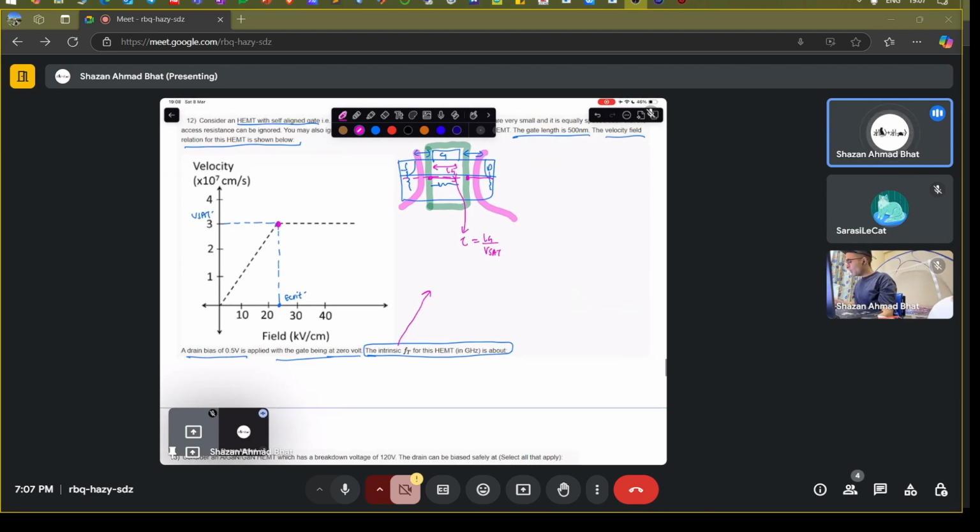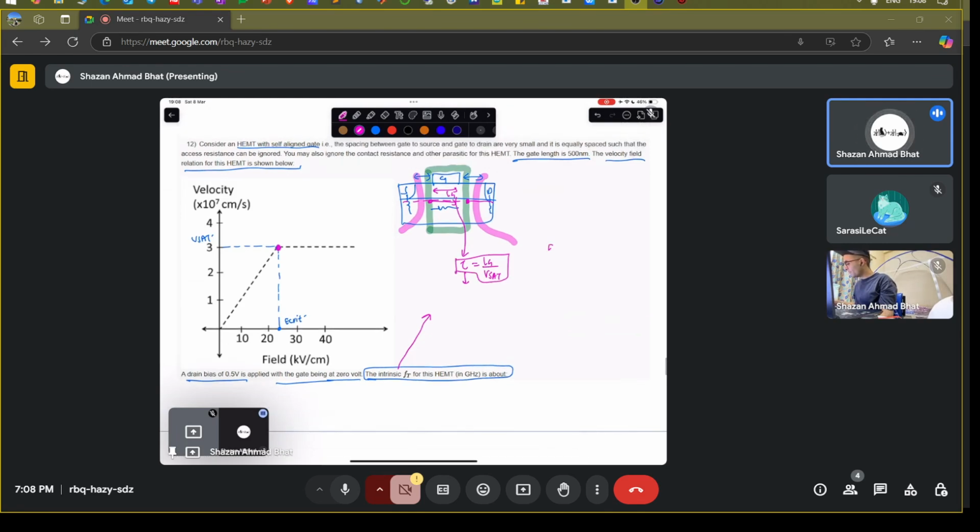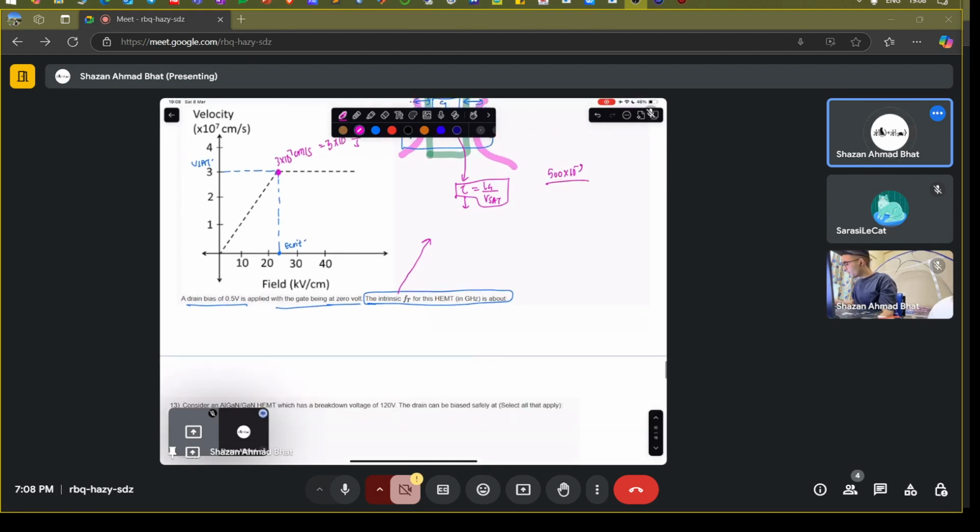Now you can obtain this transit time. The gate length is 500 nanometers, 5 into 10 to the power minus 7 meters. Saturation velocity is 3 into 10 to the power 7 centimeters per second, which is 3 into 10 to the power 5 meters per second.